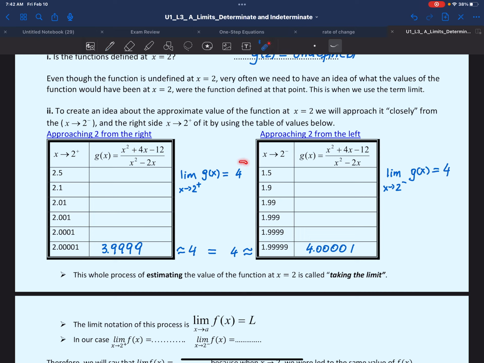Since the values of the two limits, or estimated values of y, were the same from the left and right-hand side of x equals 2, we say that the limit of the function at x equals 2 equals 4. So even though the function is undefined at a point, we're still able to estimate the values of it at the point, and that estimated value is what we call the limit of the function.